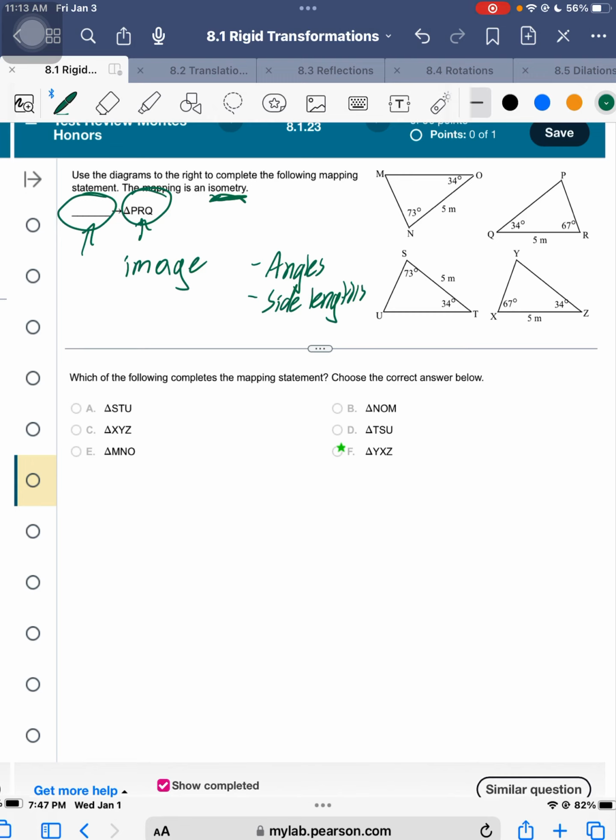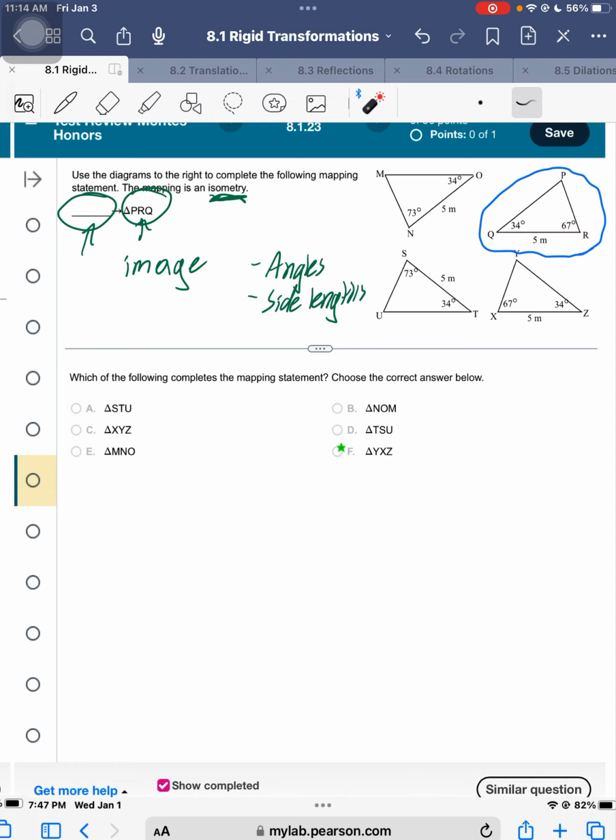Okay? So, which one's the one? So we want PRQ. Where's PRQ? PRQ is right here. So we want the figure, either this one, this one, this one, or this one. We want to see which one is the isometry of this guy. Well, I know that PRQ has angles of 67 and 34.